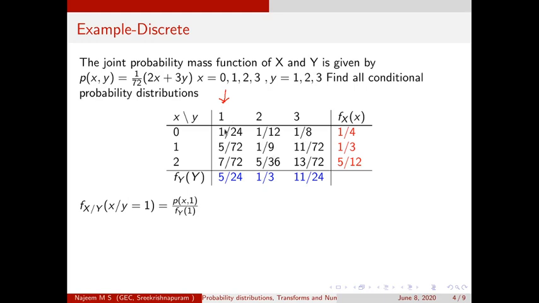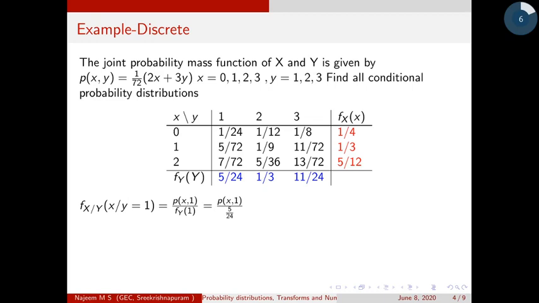So for y equal to 1, what will be the probability of x? X can take 0 with the probability we get by dividing 1 by 24 by 5 by 24, and then 5 by 72 divided by 5 by 24, and 7 by 72 divided by 5 by 24. We need to keep the ratio of these. That's the logic of it. Together they should add up to 1.